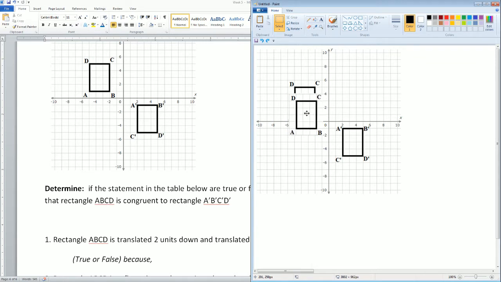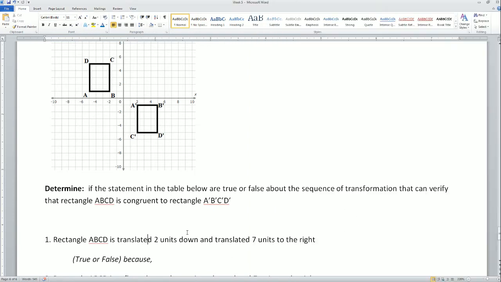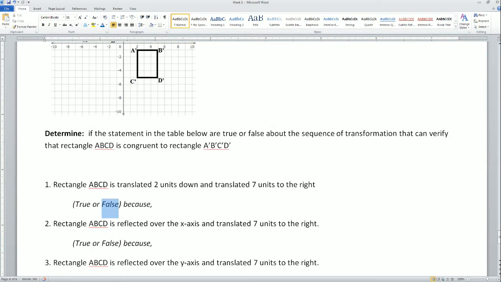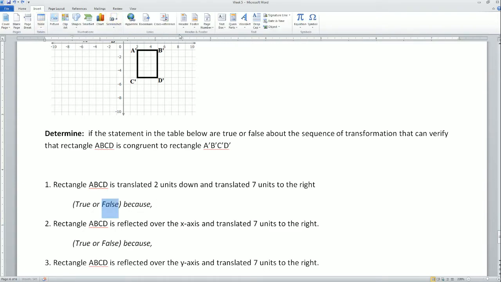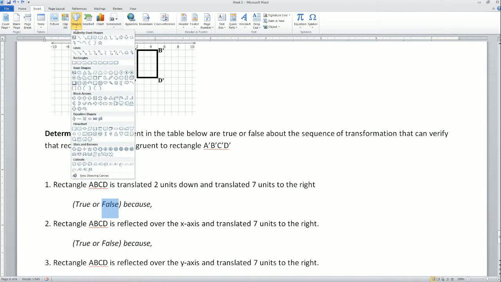So 1, 2, 3, 4, 5, 6, 7. Is that correct? Nope. So we say false. So we circle false. Or maybe I can show you: insert shape, circle.